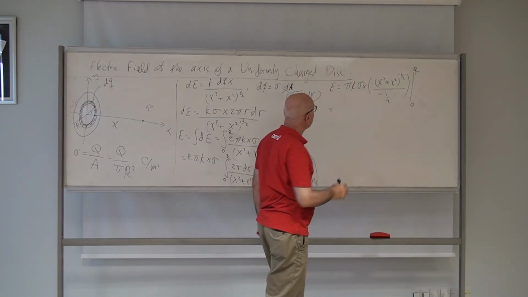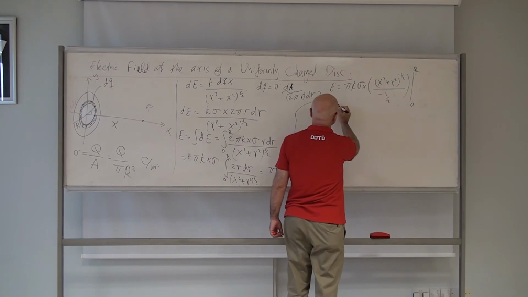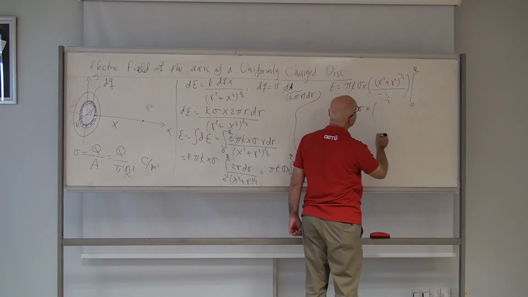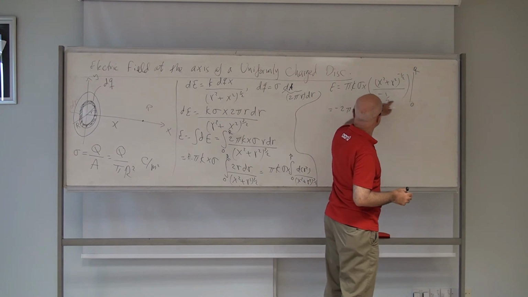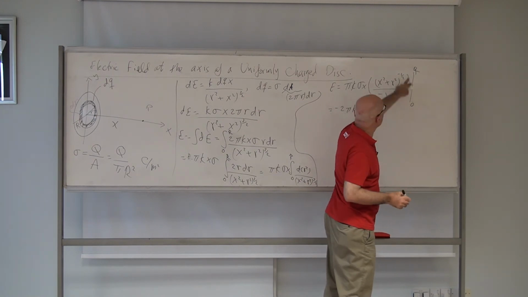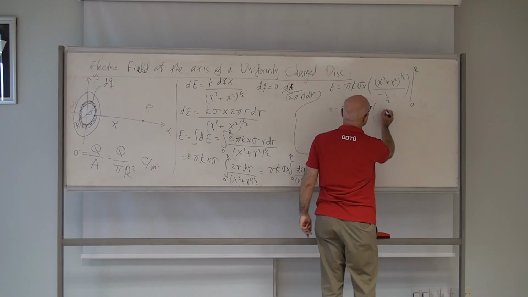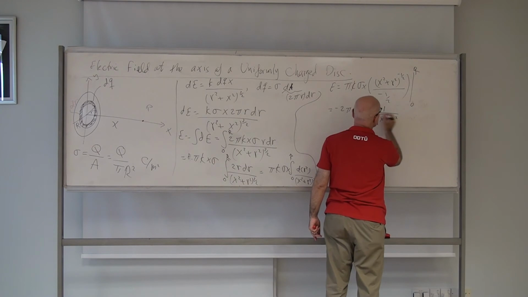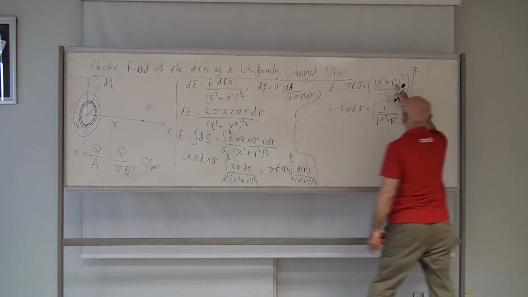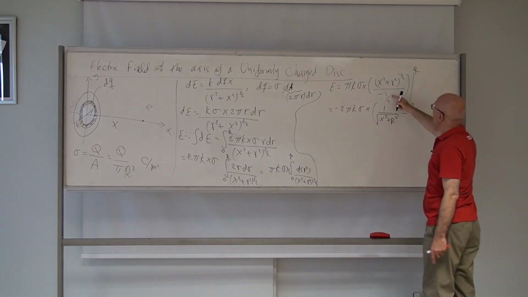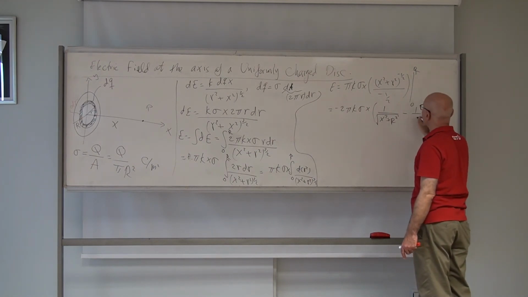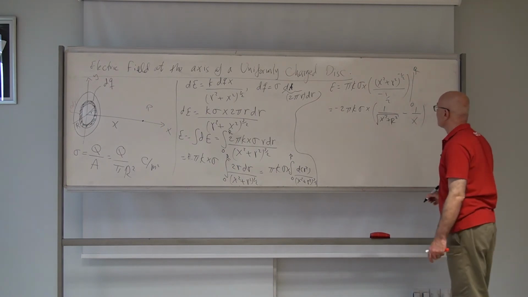And if you do these, then you will get the following: minus 2 pi k sigma x multiplied by. Now you take the minus sign outside, so the upper limit in this case will give you 1 over square root of x square plus r square, minus the second, you substitute for r0, so it will be 1 over x squared to the power 1/2, which will be 1 over x minus 1 over x.